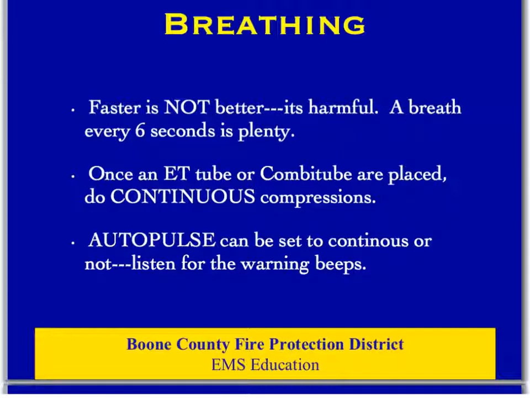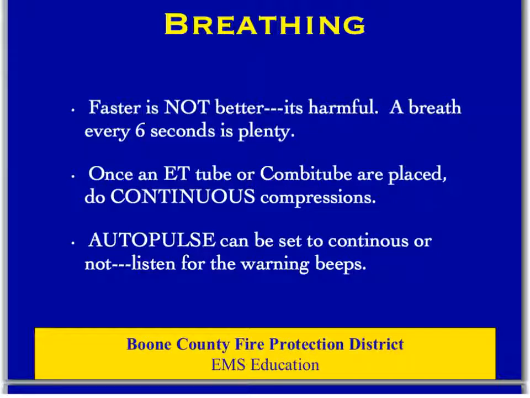And then as far as continuous compressions, once an ET tube or combi tube has been placed and verified, then we should switch to continuous compressions. And so this means that you will breathe once every 6 seconds, and you will be breathing while compressions are going on. The breath can get into the chest when that ET tube or combi tube are placed properly.